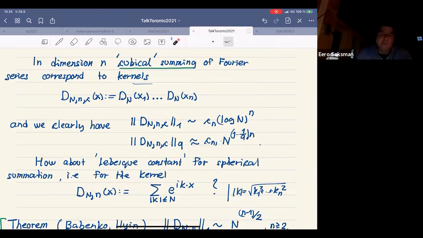You could maybe use capital R, but for some reason I used capital N. Used to think it's the radius. It's actually half the side length of the cube.